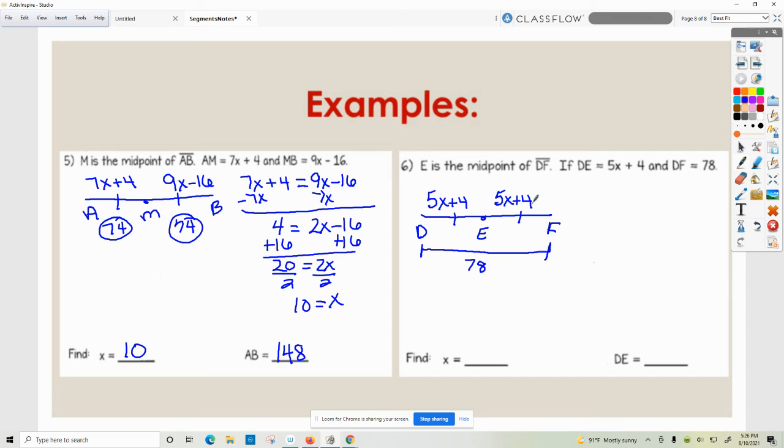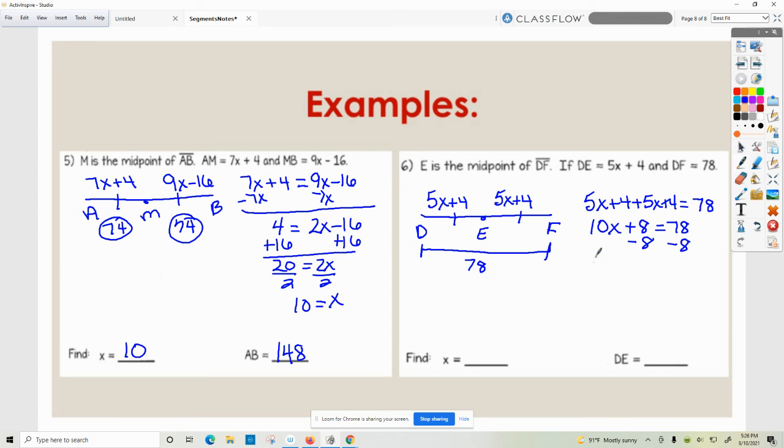Now I'll go back and pick up the little segment addition. My 5x plus 4 plus my 5x plus 4 is going to equal 78. So 5 plus 5 is 10 x's. 4 plus 4 is 8. That is still equaling my 78.